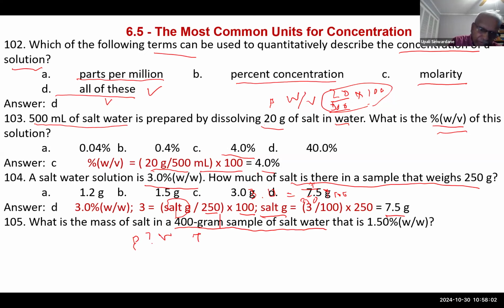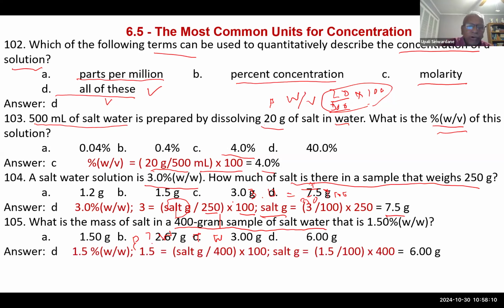That's a weight percent. So therefore, you solve for it. 1.5 is the percent, and the total is 400. 400 is the total weight. Therefore, you get the solute in this problem: 6.